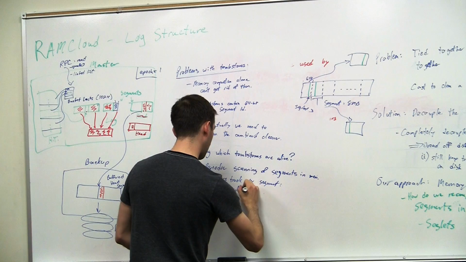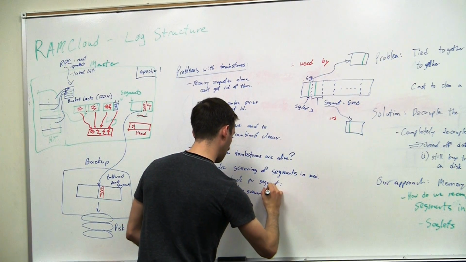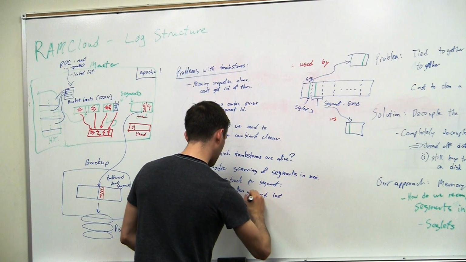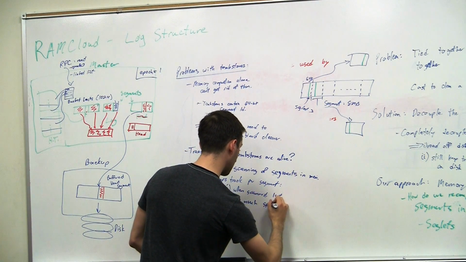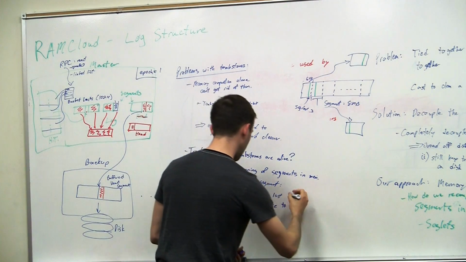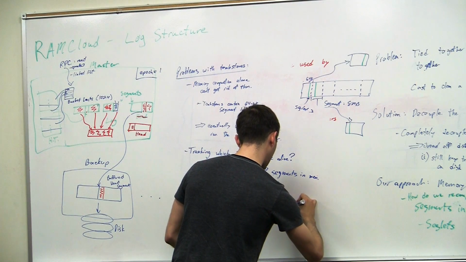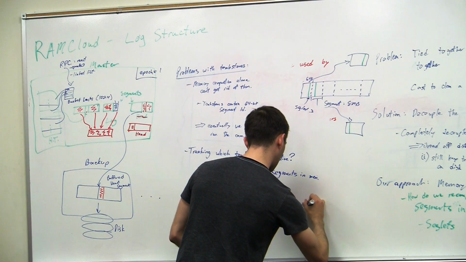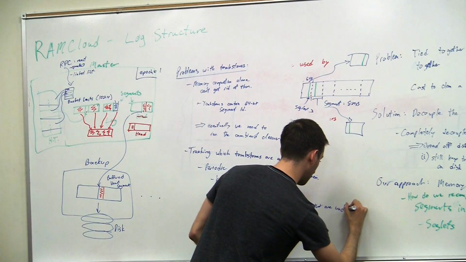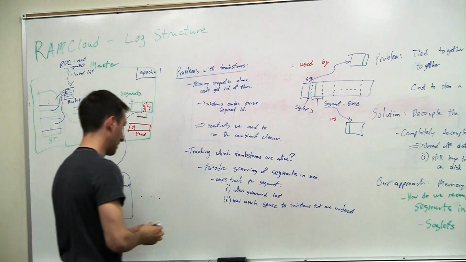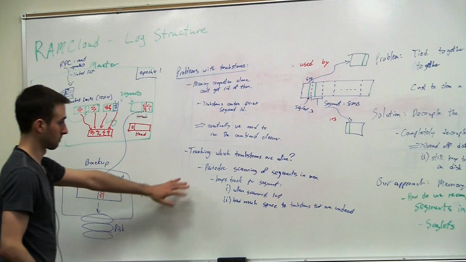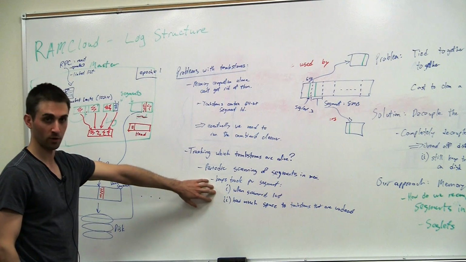One is when it was scanned last, and the other is how much space corresponds to tombstones that we don't already know to be dead. I like to refer to them as undead. And that's basically it. There's some policy about how often you actually want to run this thing.